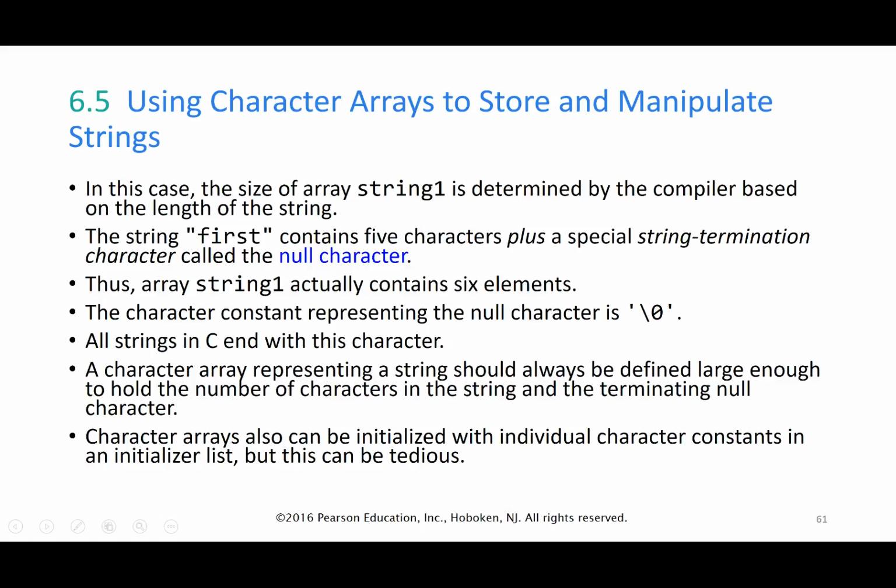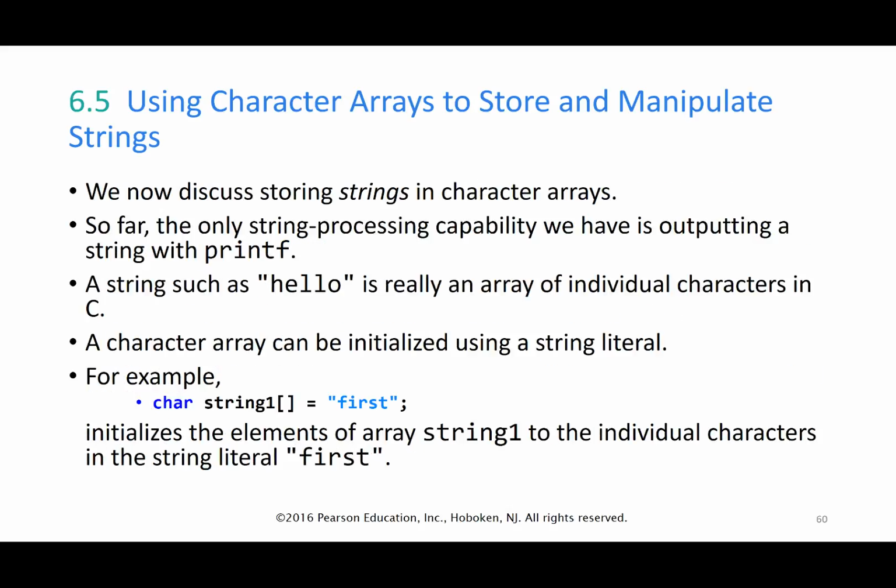Now again, when I say open quote and close quote, this is going to define the size of the string, and it's going to add one more for the null character, which is an end of string flag, which is actually the value of 0.